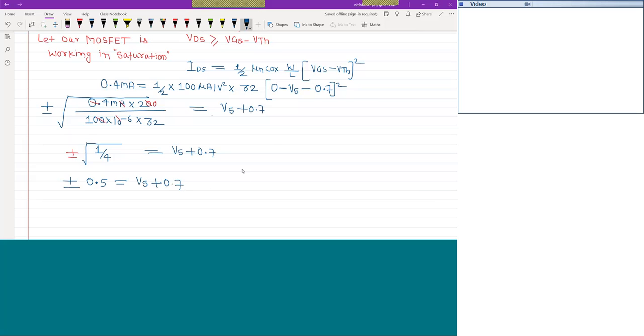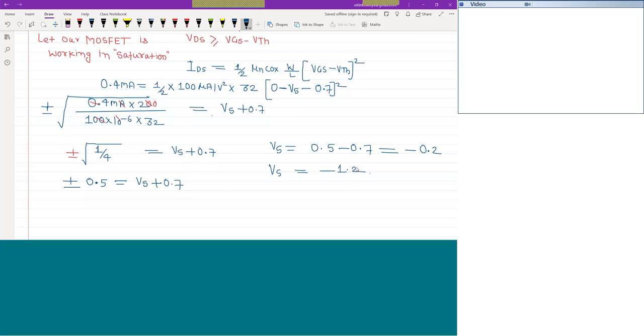So either you can take Vs equal to 0.5 minus 0.7, or you can take, which is minus 0.2 volt, or Vs is minus of 1.2 volt.